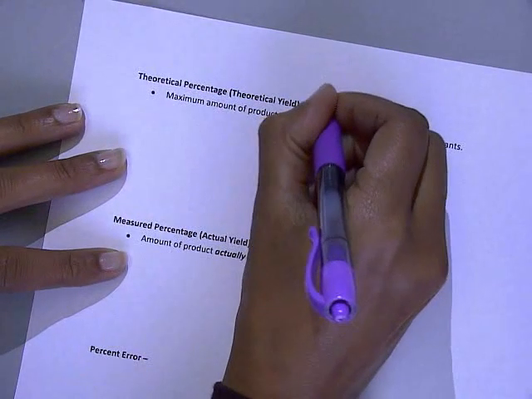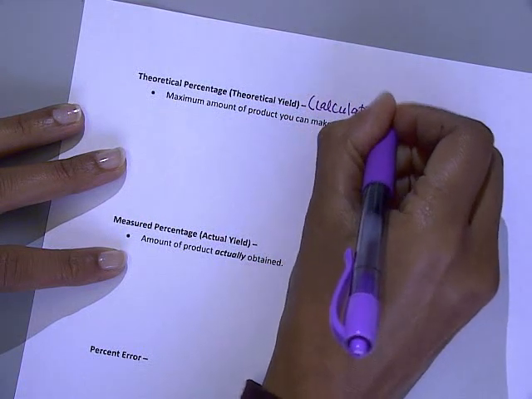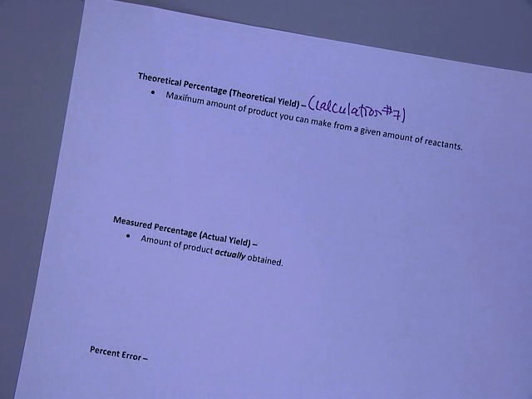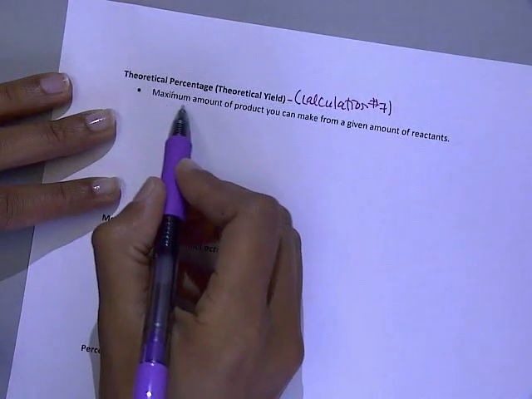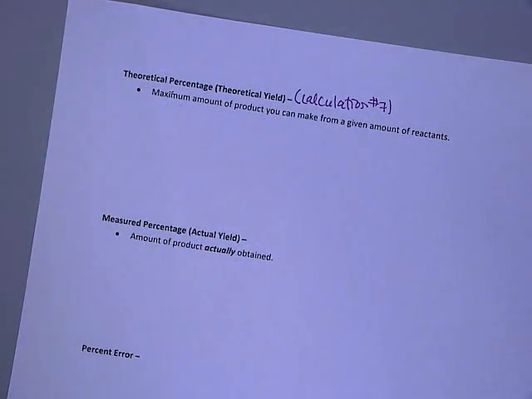Calculation number 7 is asking us to figure out the theoretical percentage, otherwise known as theoretical yield. The theoretical yield is defined as the maximum amount of product you can make from a given amount of reactants.